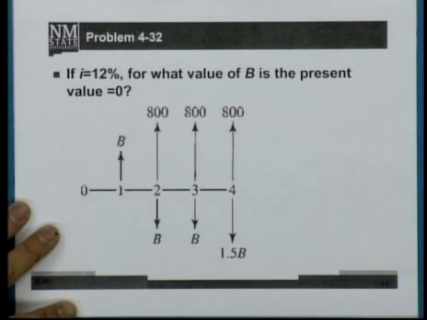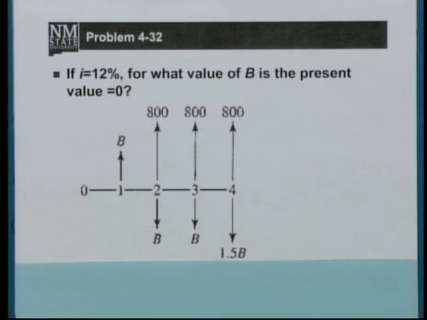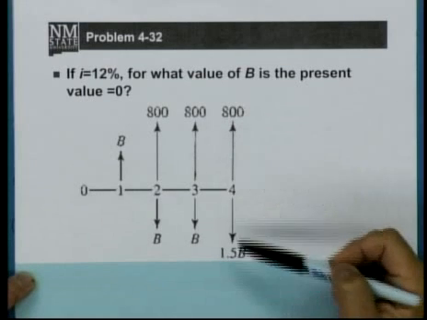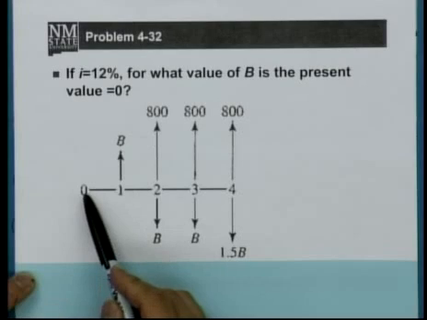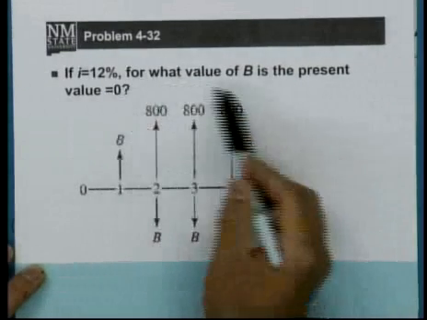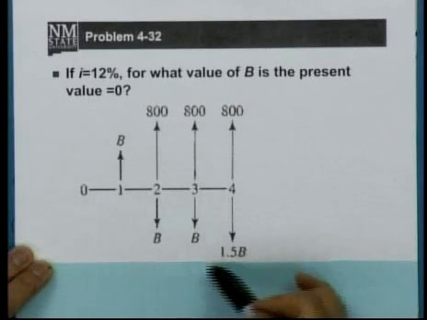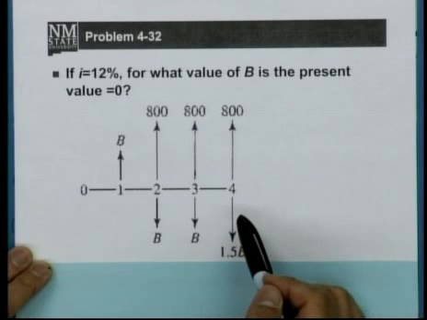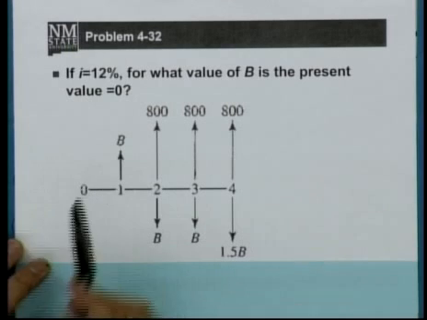So here, the present value of the receipts and the expenditures are 0 at time 0, right? This means that all these positive cash flow amounts are equal to all of this negative cash flow amount at time t equals 0.